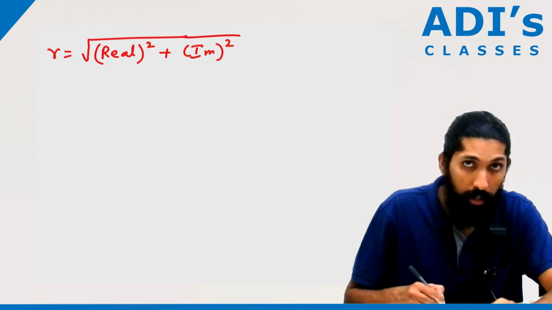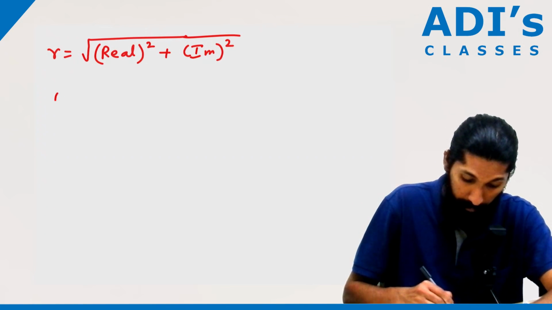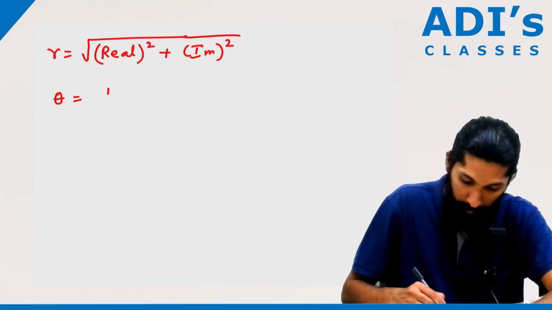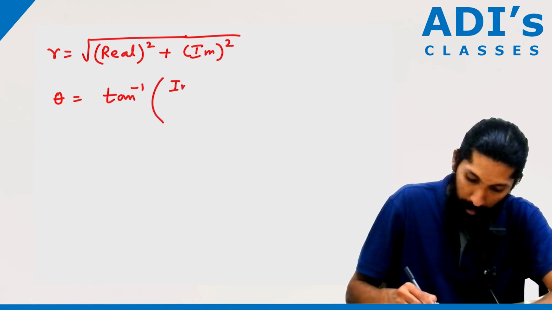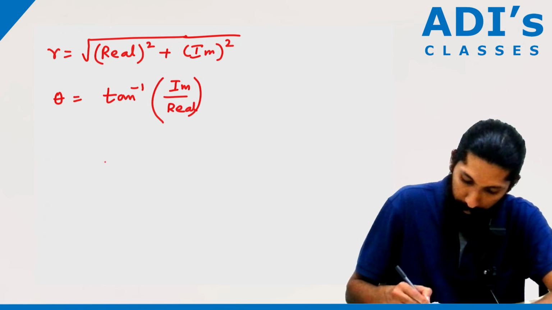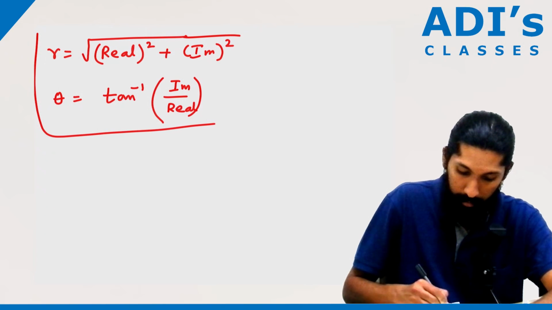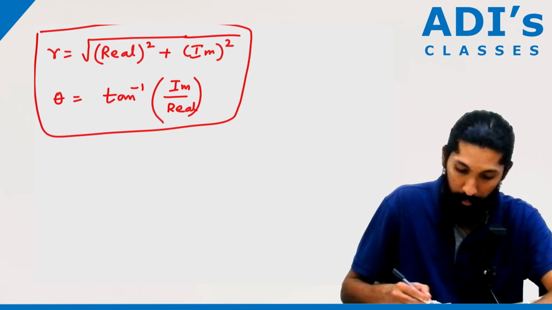This is the modulus. And then we have theta. Theta is equal to tan inverse of the imaginary part divided by the real part. These are the two formulas we are going to use.